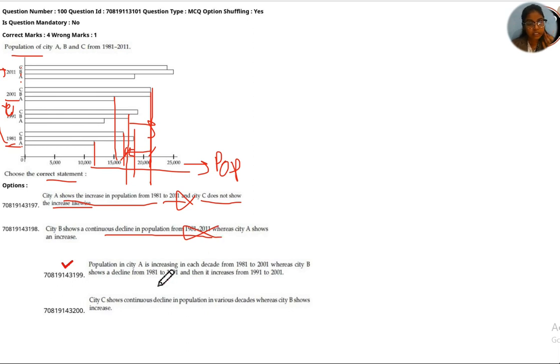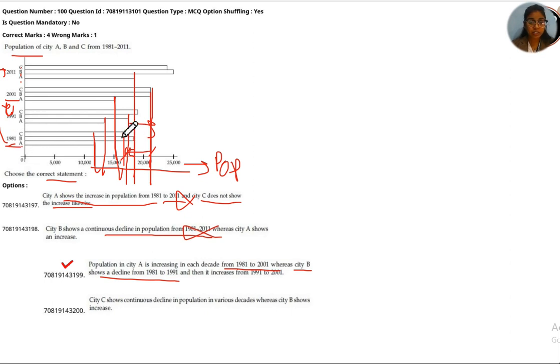Now get to the third statement. Population in city A is increasing in each decade. First decade, second decade, third decade, fourth decade. Okay. So it is increasing in each decade from 1981 to 2001, correct? Where city B shows a decline from 1981 to 1991. Please remember the city name with the years they are indicating. Okay, B is talking only about 1981 to 1991.